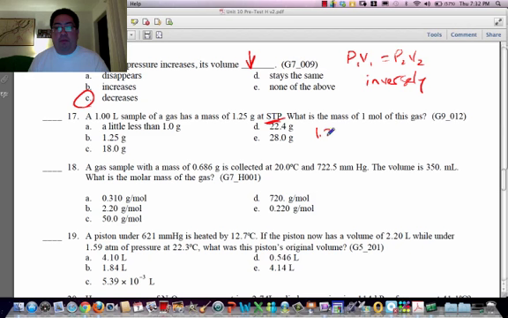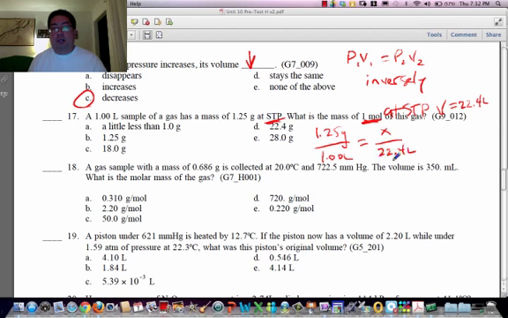So if you say 1.25 grams over 1.00 liters, you could say that's equal to X. Because we have 1 mole of gas, at STP the volume of any gas under standard temperature and pressure conditions is 22.4 liters. So you can set the bottom at 22.4 liters, cross multiply, and solve for X. Liters cancels, and I think for 17 you end up with something like E as your answer.